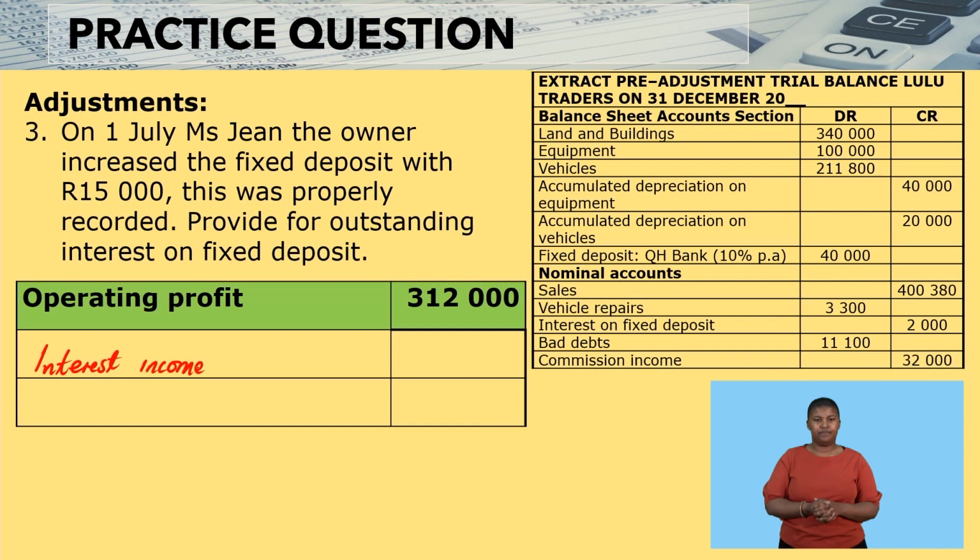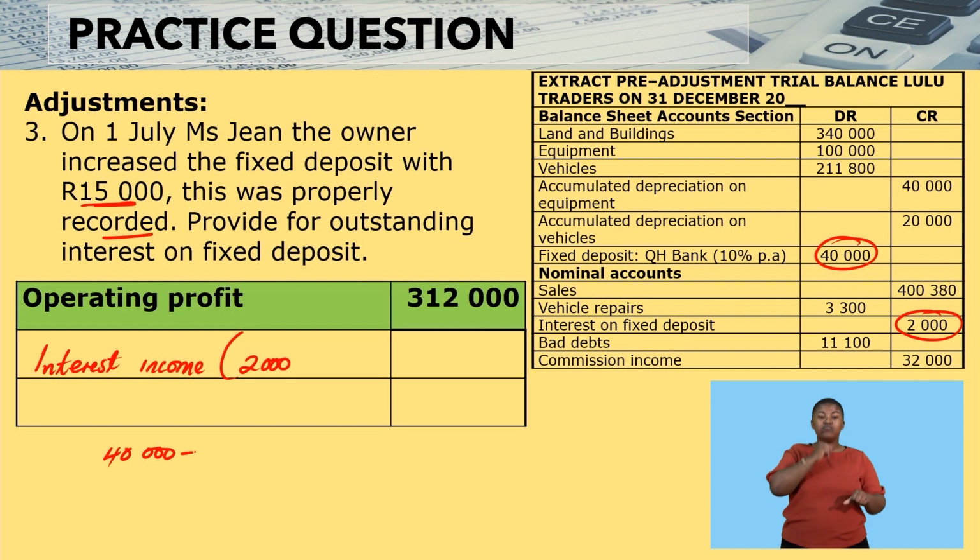Now, in the list of balances, we are given interest on fixed deposit 2,000. So I'll come here, interest income 2,000. We are told that this 15,000 was properly recorded. That simply means within this 40,000, we have this 15,000. So I'll say 40,000 minus 15,000.